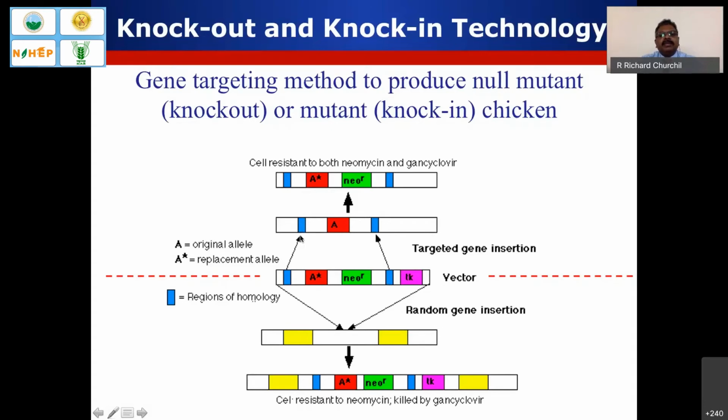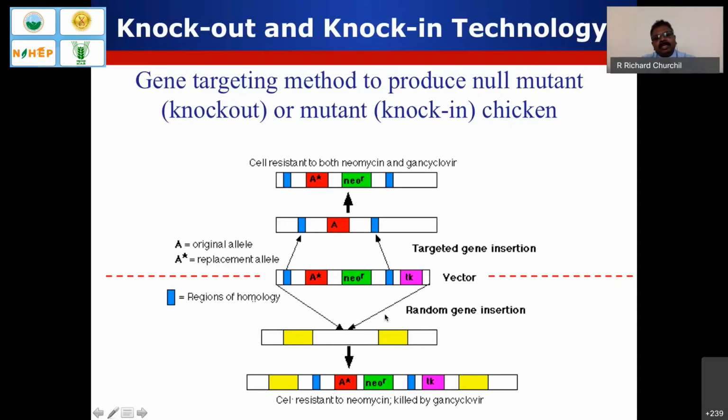So by this recombination, this region will integrate here instead of this area, and as a result, this genotype will be formed. Instead of A, we are removing this A and we are introducing a modified form of the same gene here. So instead of A, now it becomes a modified gene. This is called the homologous insertion or homologous recombination.